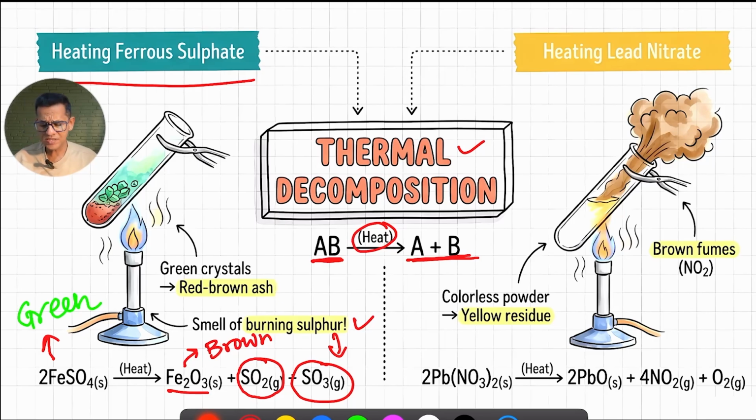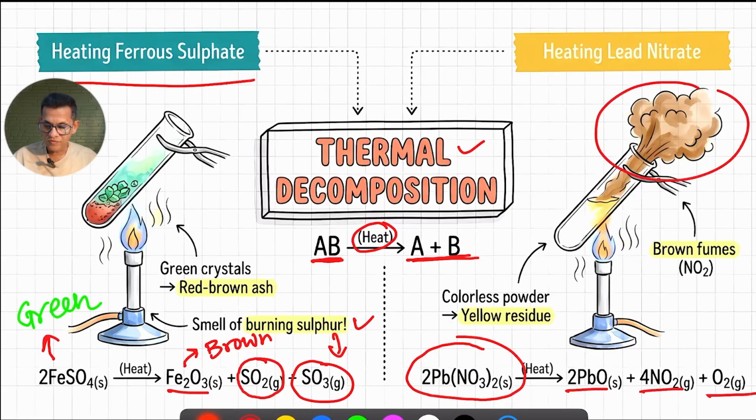The second example is heating of lead nitrate. When you heat lead nitrate, which is a colorless, or slightly white powder, you'll get three products: lead oxide, nitrogen dioxide and oxygen. The brown fumes that you see here in the test tube are of the gas nitrogen dioxide being released during this heating process.